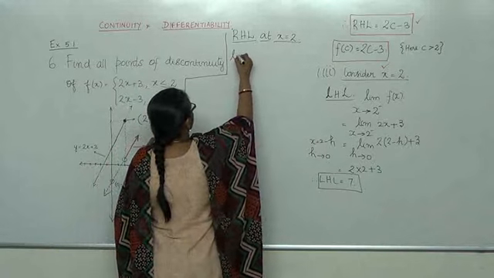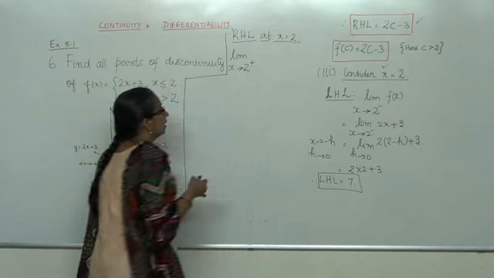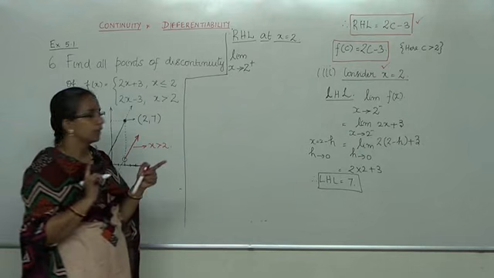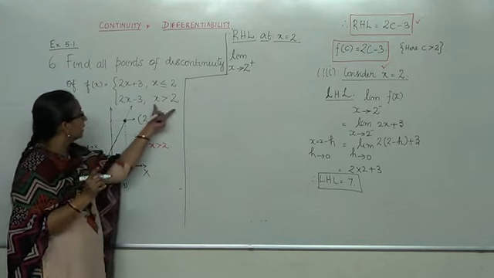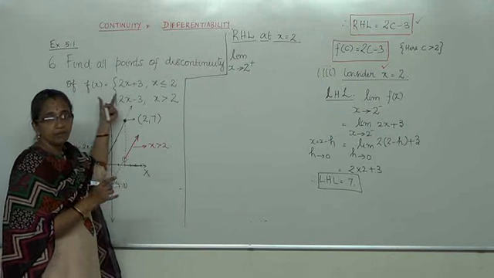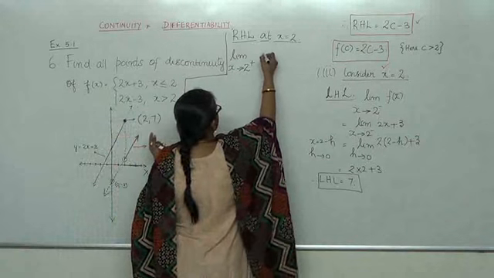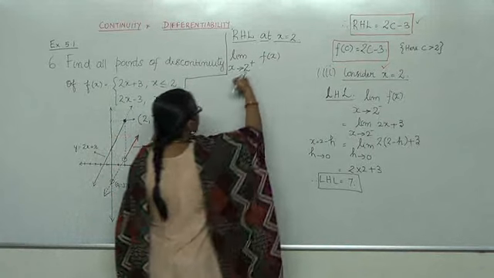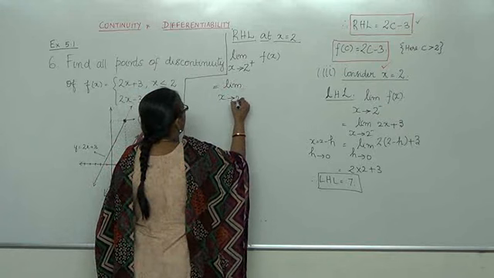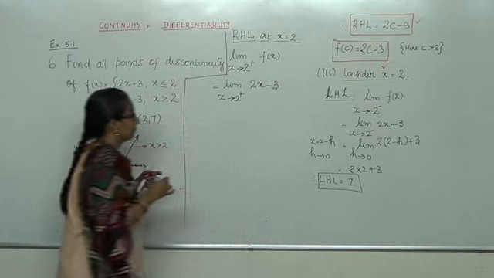So this will be equal to limit x tends to 2 plus, because it is the right hand limit. Now 2 plus is a number greater than 2. So whenever the number is greater than 2, the value of the function will now be 2x minus 3. f of x is equal to 2x minus 3. So RHL at x is equal to 2 is limit x tends to 2 plus f of x, which in this case is 2x minus 3.